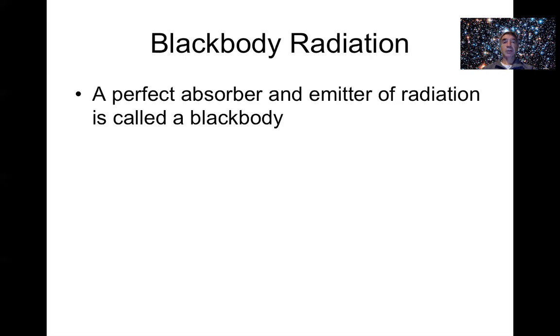So what's this idea about black body radiation? Some of you may have come across this idea before, some of you may not have. A black body is a theoretical concept, basically. It's the idea that you could have an object that was a perfect absorber of radiation, and that's where the name comes from.